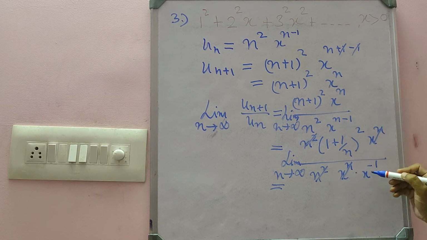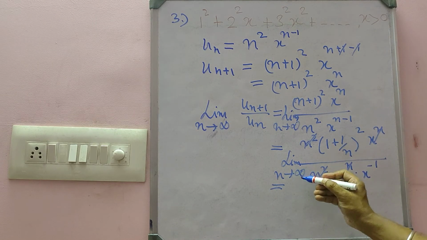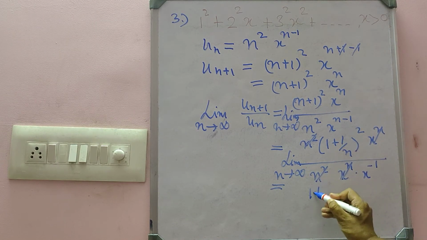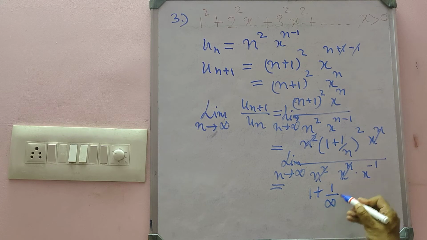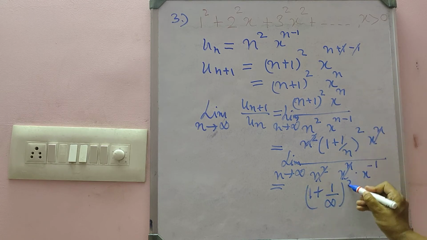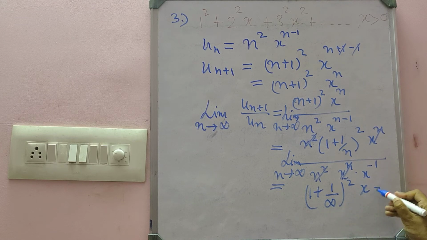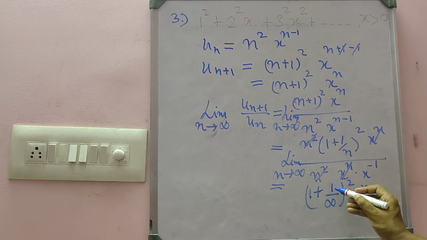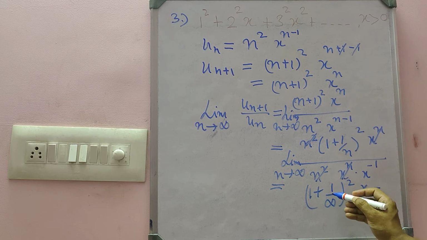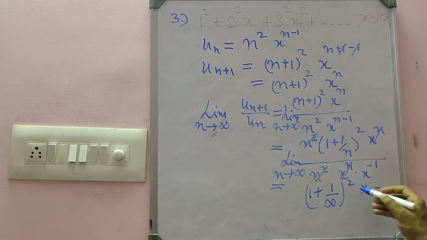So in the next step, we will put the value infinity here. So it becomes 1 plus 1 by infinity the whole square. This x will come here. So overall, 1 plus 1 by infinity is 0, 1 plus 0 is 1, 1 square is 1. So 1 into x, the value is just x.